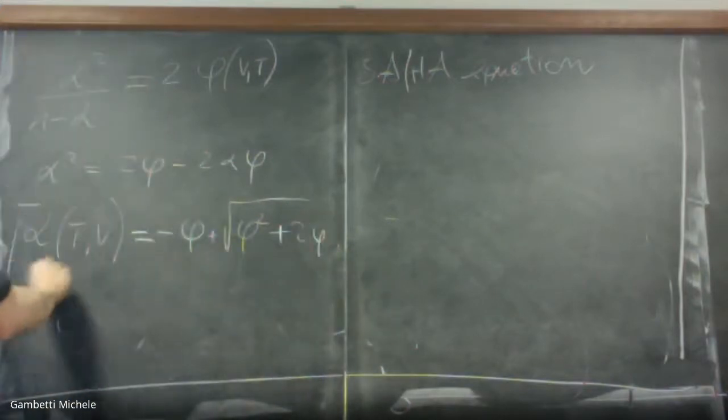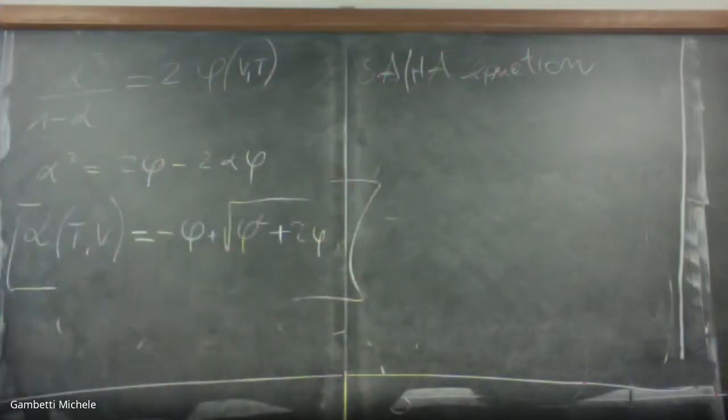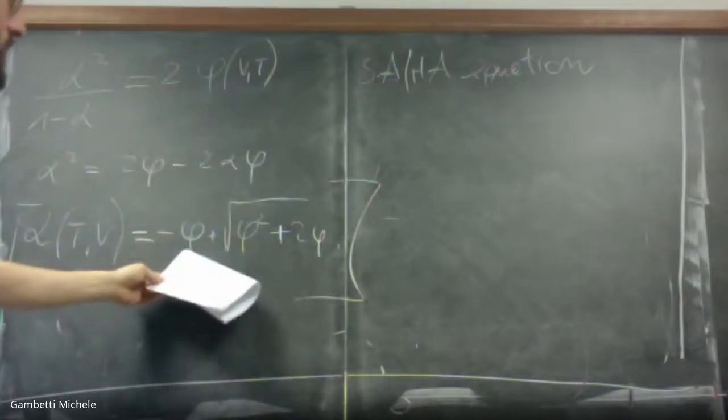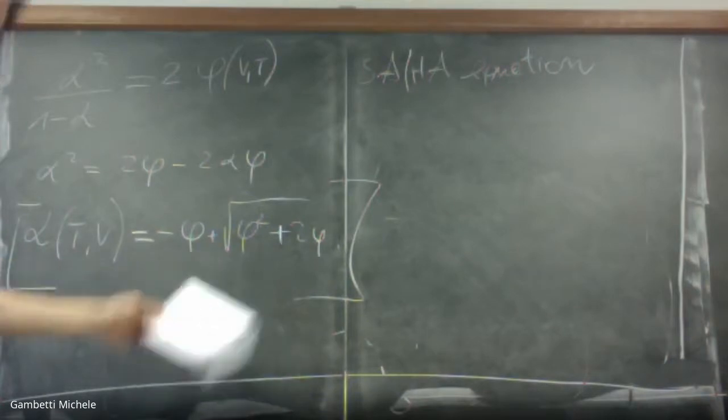Okay, so this is the solution of the Saha equation that provides me the degree of ionization as a function of temperature and volume, which is hidden in this function phi.